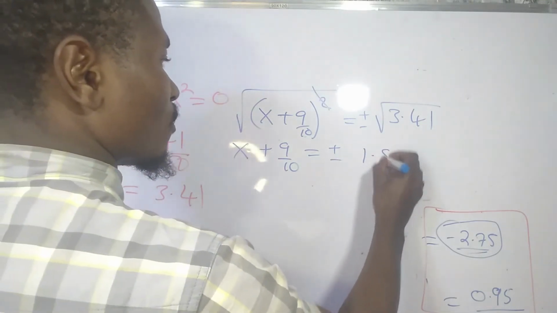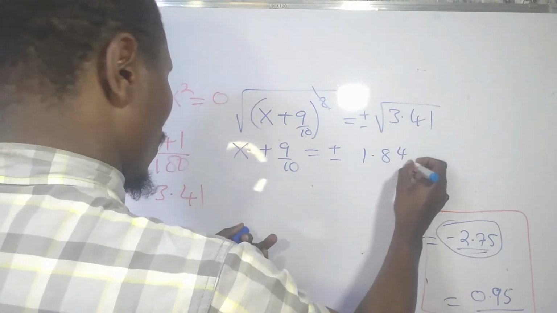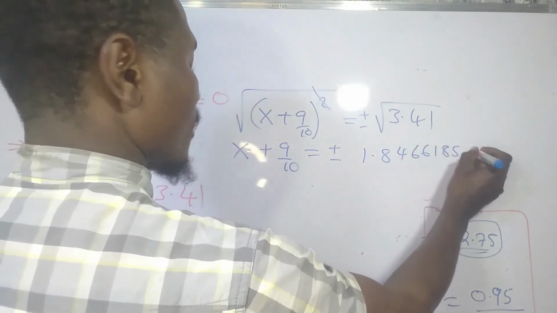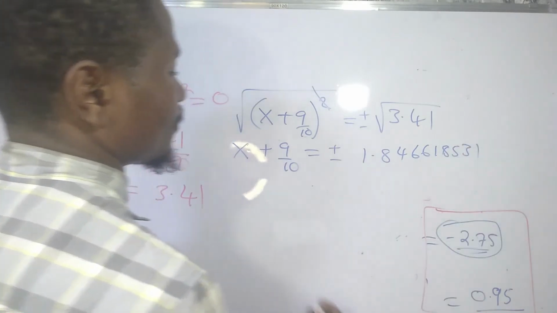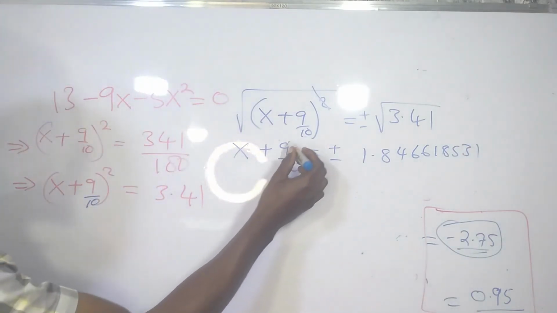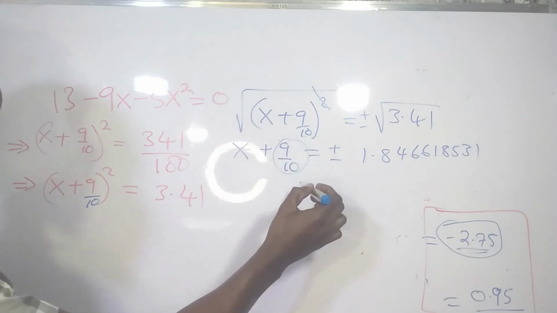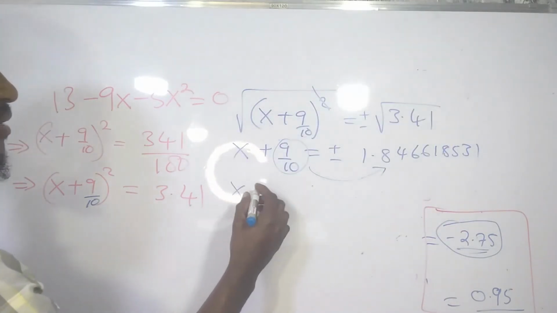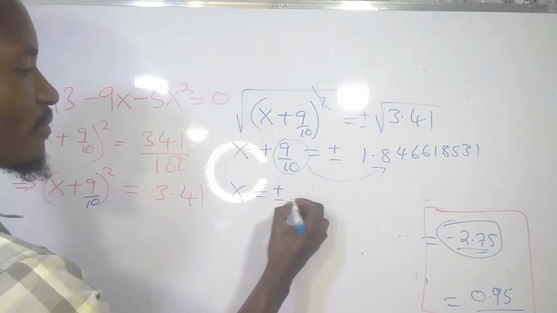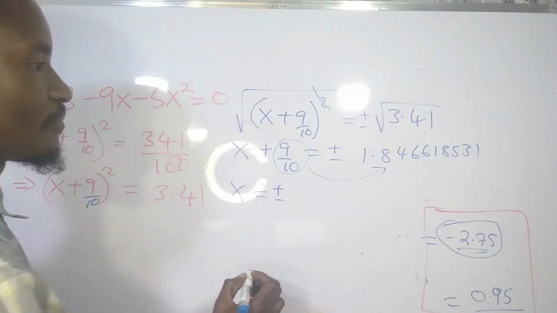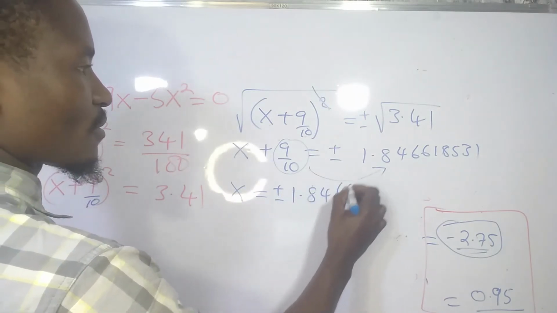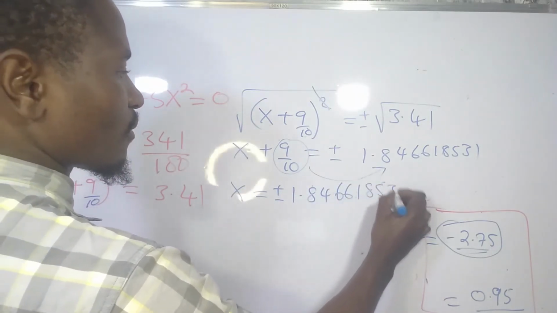It's 1.84661851. So what you do is you take this number to the right hand side. x equals plus or minus 1.84661851.